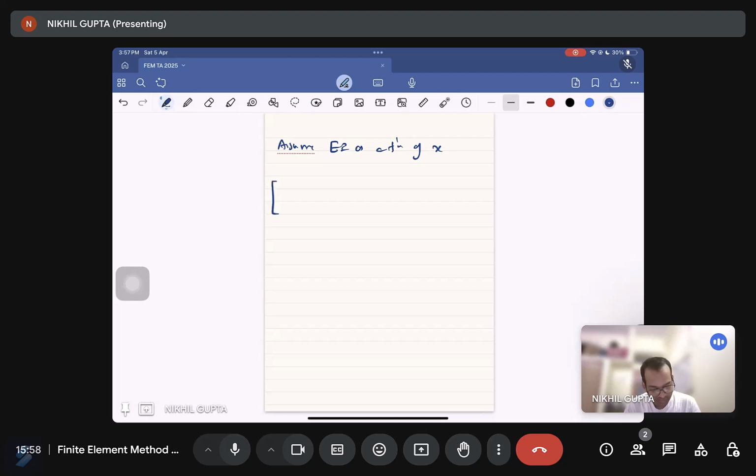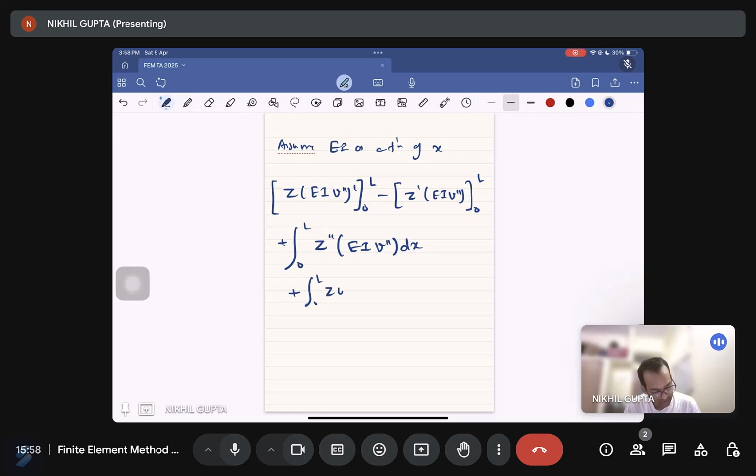So when you solve the equation, it will be z EI v''' from 0 to L, minus z' EI v'' from 0 to L, plus the integral from 0 to L of z'' EI v'' dx, plus the integral from 0 to L of z w dx, minus the integral from 0 to L of kf z v dx equals 0.